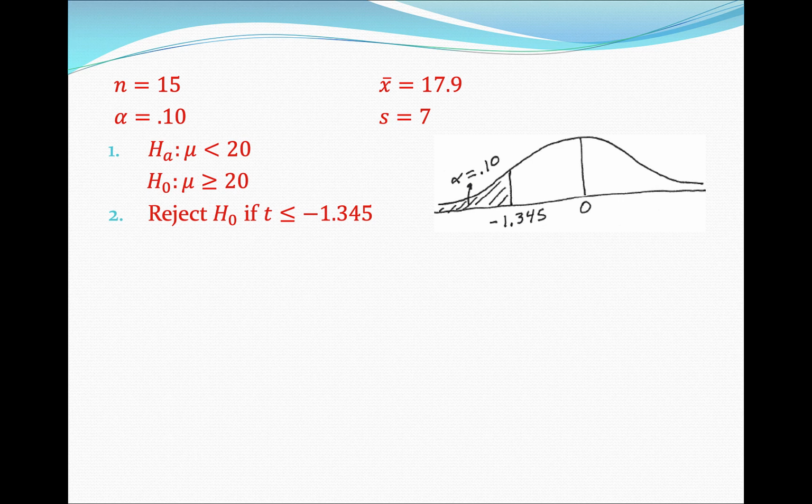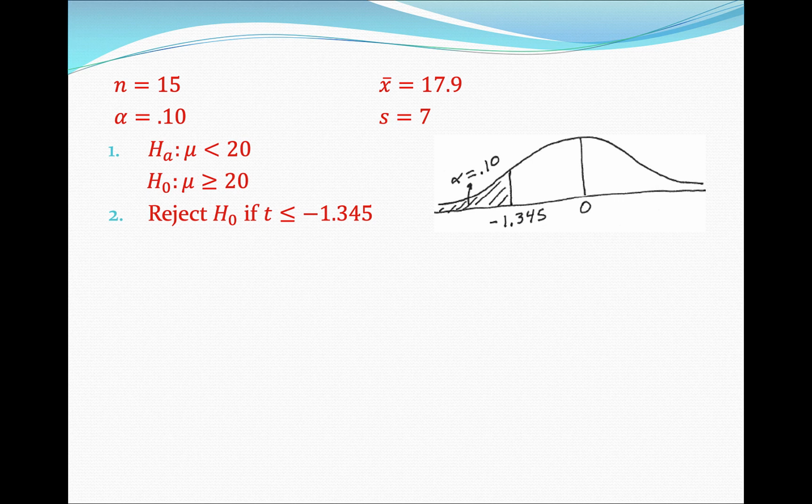Since we're on the left side of 0, our value is negative, so we get negative 1.345. We are going to reject the null hypothesis if our test statistic is less than or equal to negative 1.345. Again, you can just give me that picture if you want, but you can also see that I have it written out there as a statement.